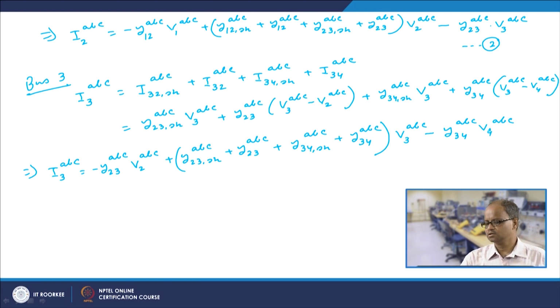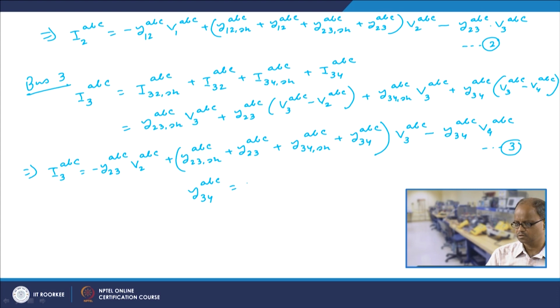So, this is equation 3, and we again note that y34 ABC is equal to z34 inverse.